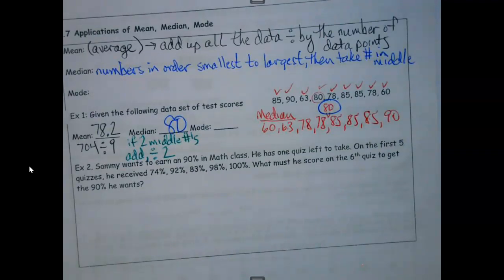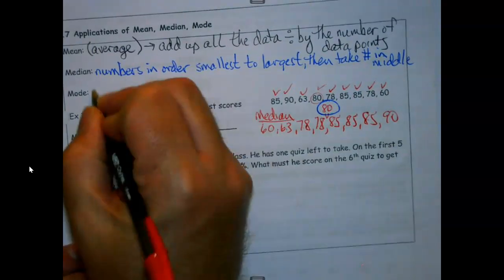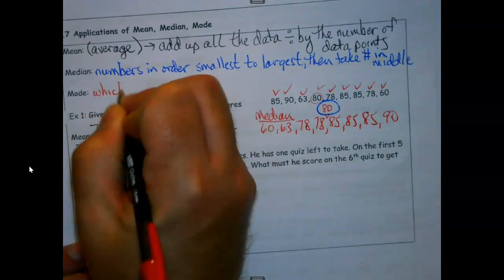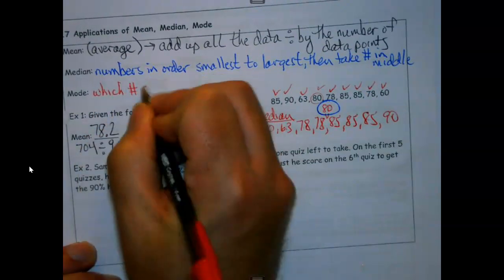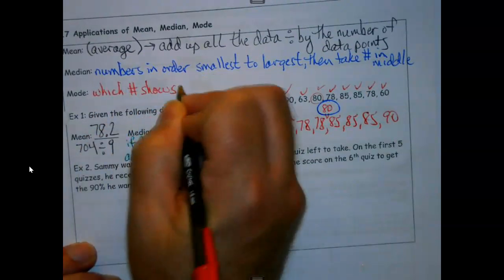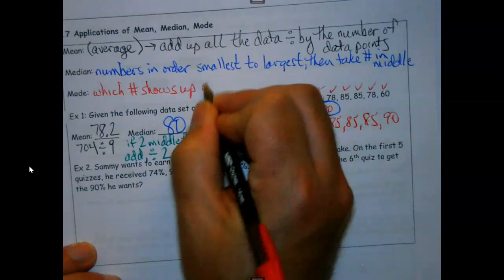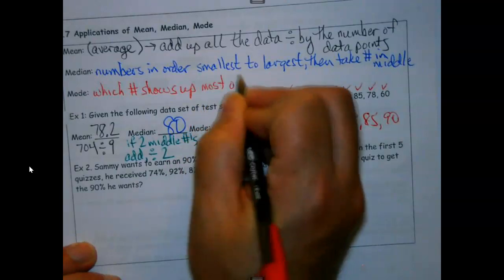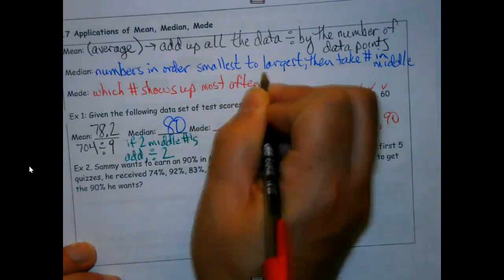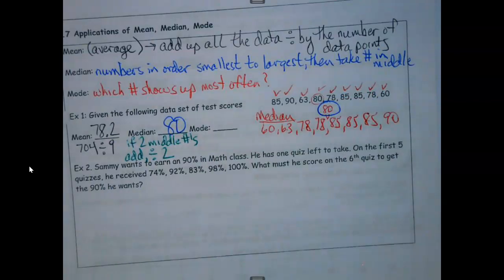And then mode actually is the simplest of all these. Mode is just which number shows up most often in the list. And you can have more than one mode, okay?